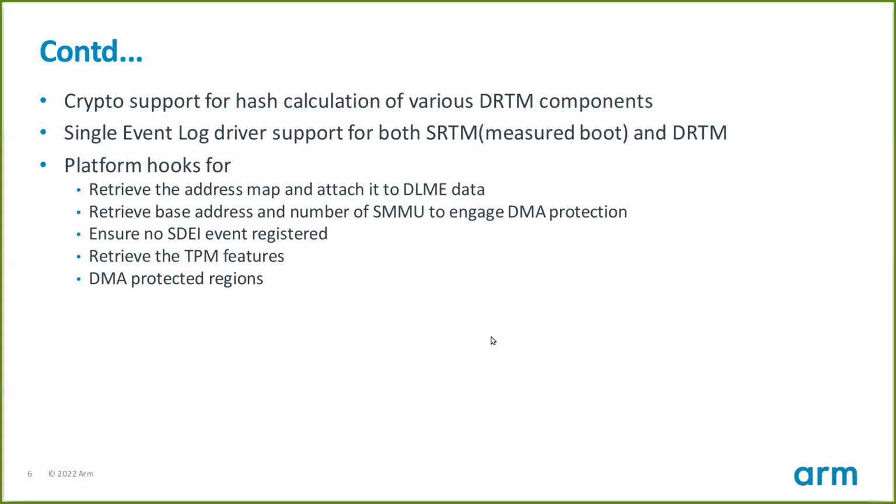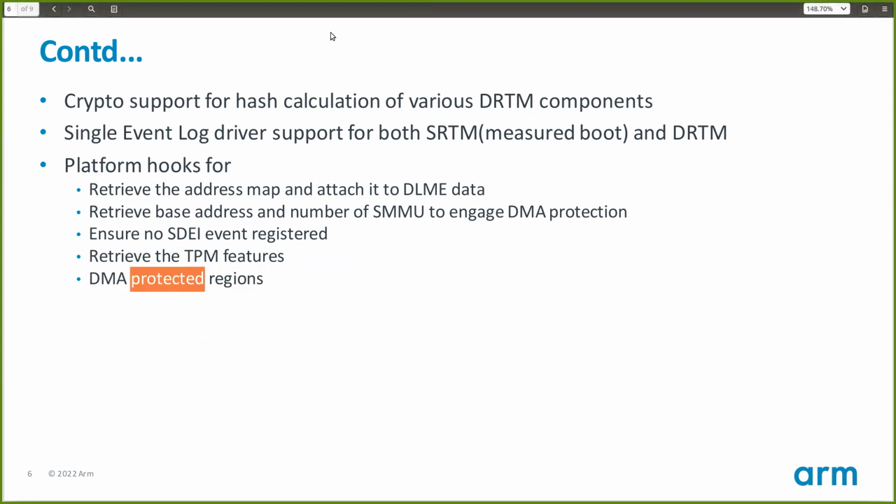Any question so far? Yeah. So in terms of TPM, are you expecting it to be a discrete TPM, or are you routing it to, say, a firmware TPM, or either can work? So basically, we don't have any hardware TPM right now. So it is really related to the platform.